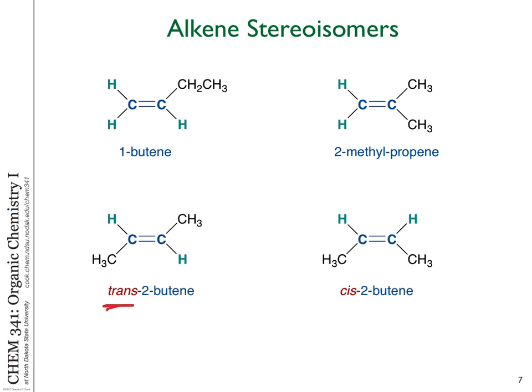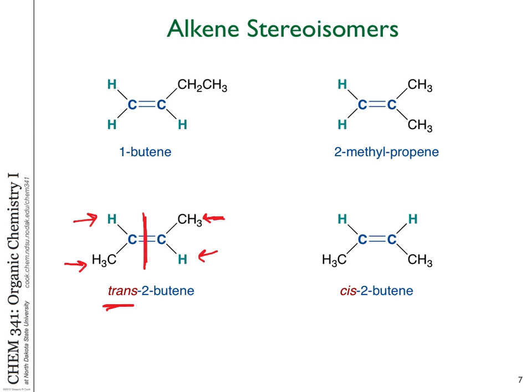Trans meaning opposite sides. So if you look at the double bond where you can't rotate because of the pi bond, and you have a hydrogen on top and a different group now on the bottom on the left. And the same thing is true on the right. You have a different group on the top here than you do on the bottom.